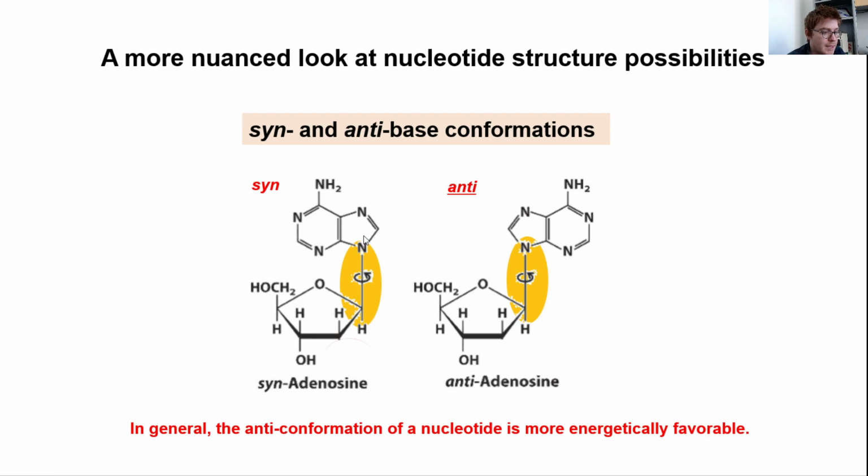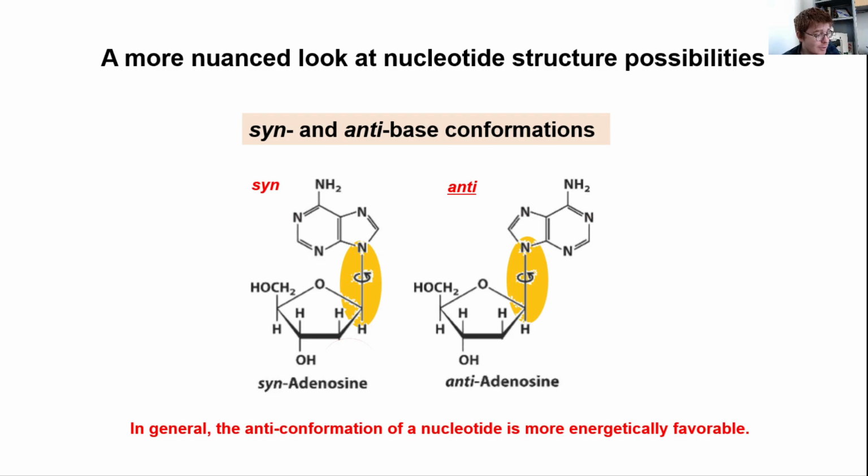And so when the base is kind of pointed over the top of the pentose ring, like you see here, we call that the syn conformation of the base. And when the nucleobase is pointed away from the sugar, we call that the anti conformation.